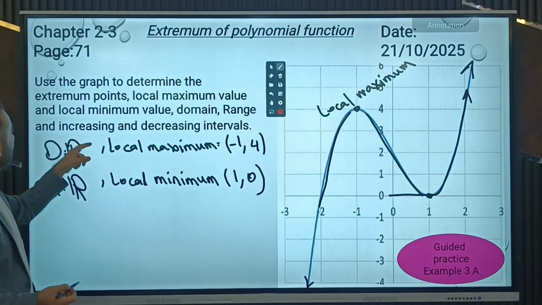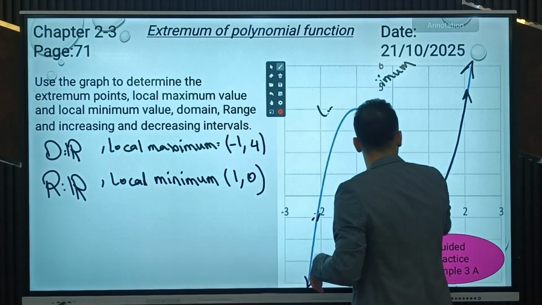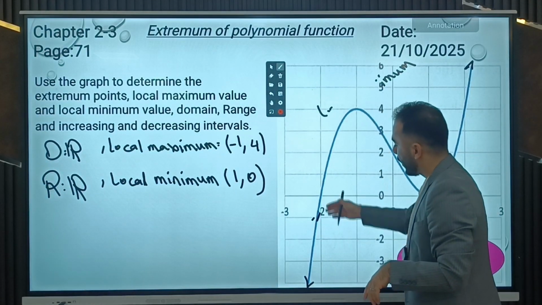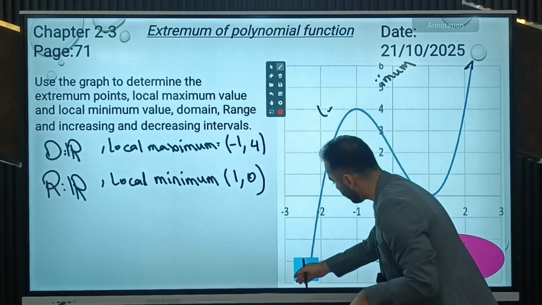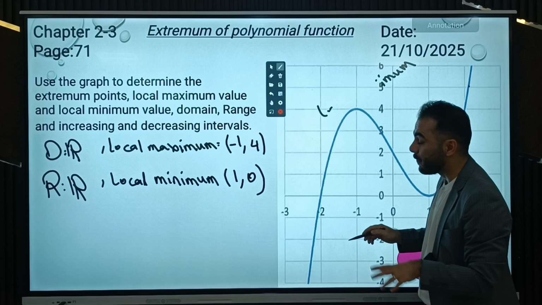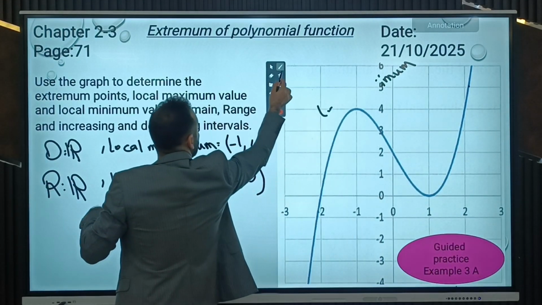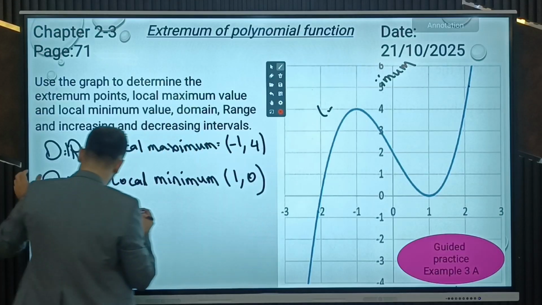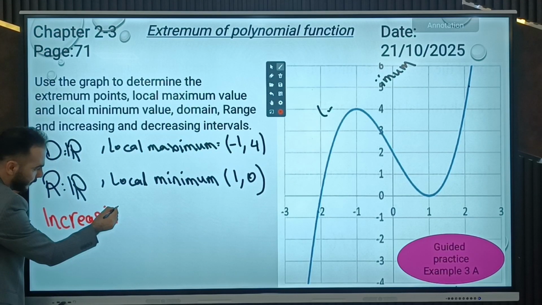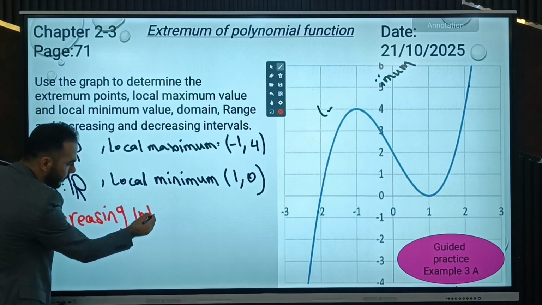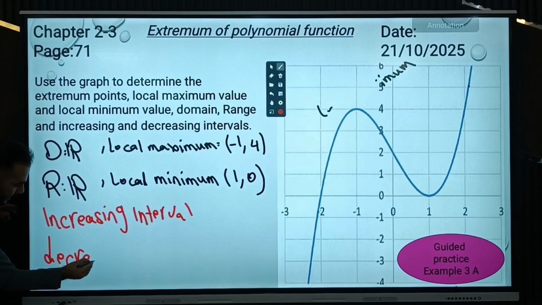Then what it asks about too is the increasing and decreasing intervals. For increasing and decreasing intervals, we have different intervals. We always move from left to right. So let's write the increasing interval and the decreasing interval.